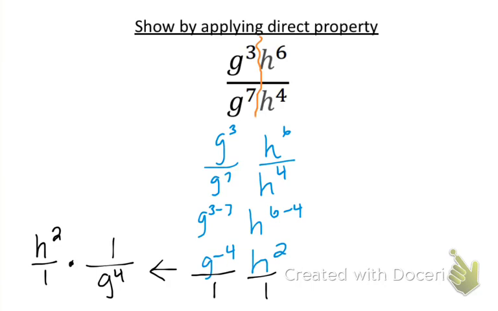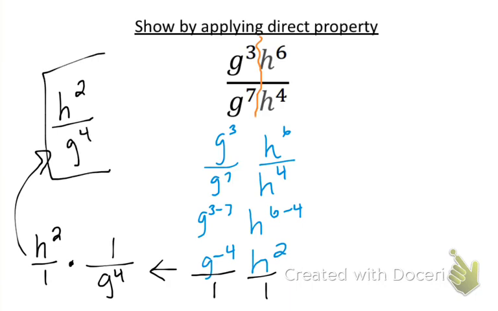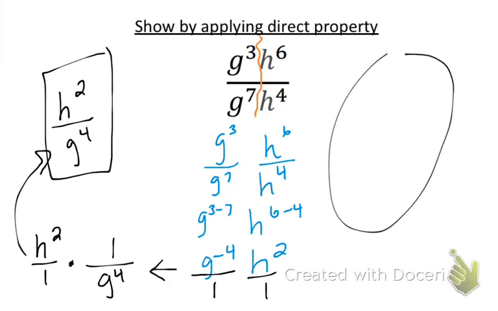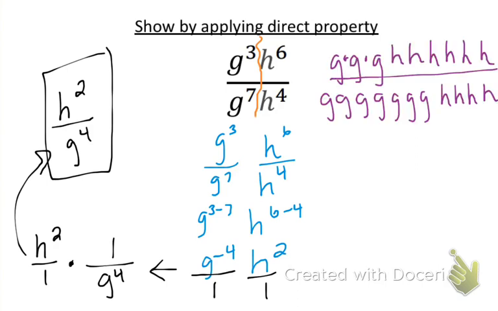So what happens when we have these two fractions? Okay, well, h squared times 1 is h squared. So I'm going to write my answer up here. 1 times g to the 4th is just g to the 4th. And this is our final answer. Okay, so what I'm going to do is I'm going to expand it here on the side so you can see how it works. So there you go, it's expanded.